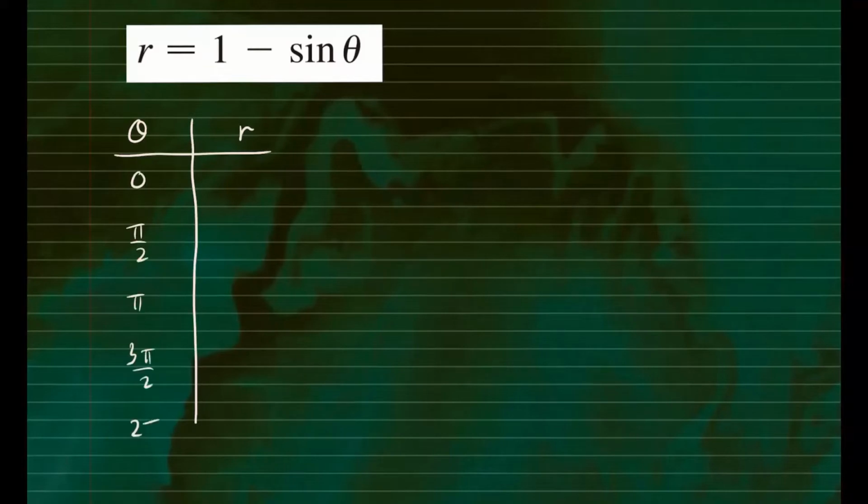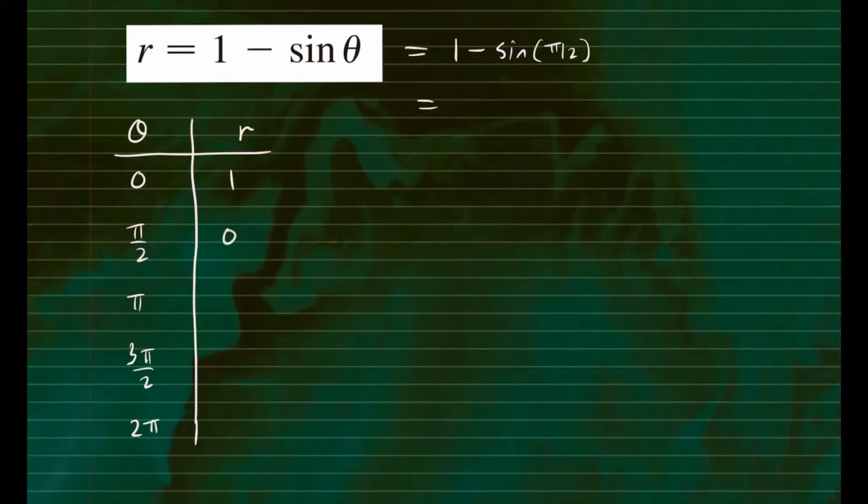So for this, we're going to make a table of values again. We'll have a selection for theta, and then we'll have our r depending on theta. So we'll pick 0, pi over 2, pi, 3 pi over 2, and 2 pi. So we have 1 minus sine of 0. When theta is 0, sine of 0 is 0, so this will just be 1. When theta is pi over 2, sine of pi over 2 is 1, so that would be 1 minus 1, that would be 0.